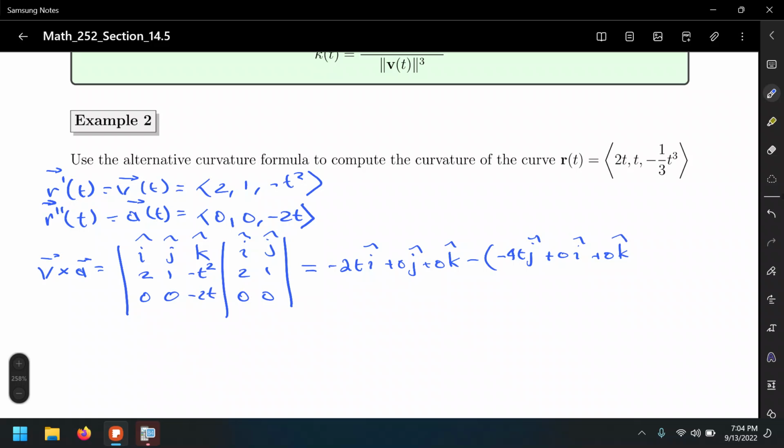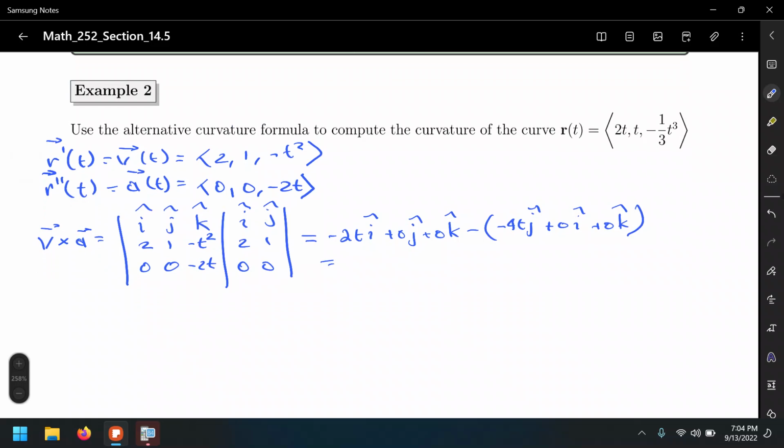Alright, so when combining this result, we get 2t i minus... wait, that should be j, yeah, that's j. So actually this is, where am I getting negative?